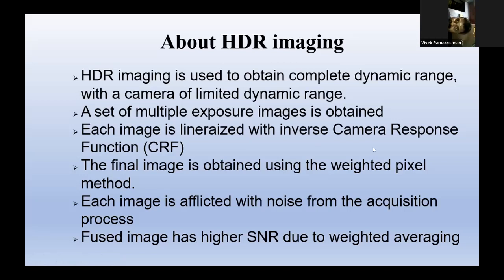You weight each pixel, map it to a straight line of the inverse camera response function, and then get the proper image displayed onto the display device. But what happens is that when you capture such images, every image is afflicted with noise from the acquisition process.